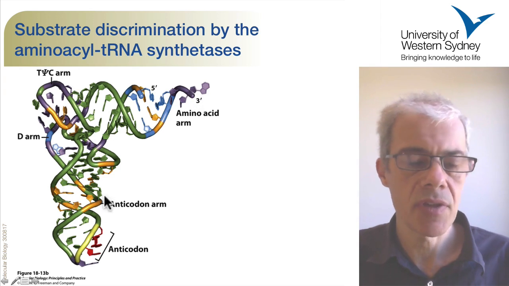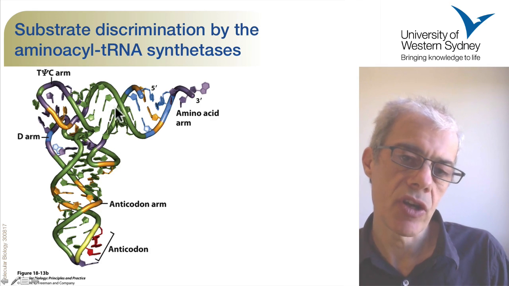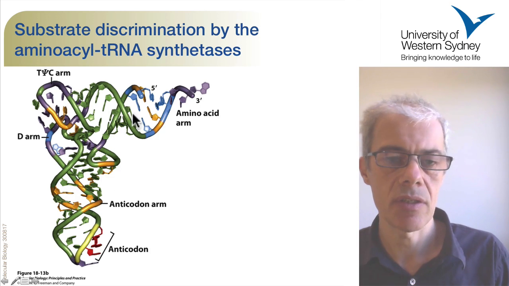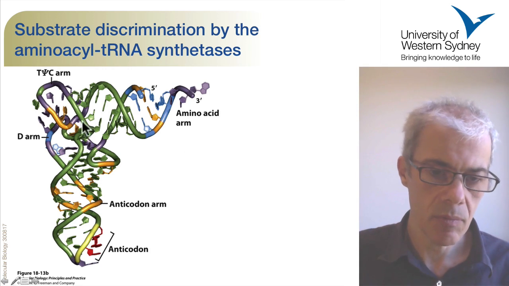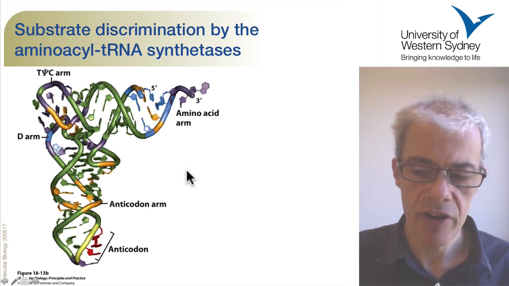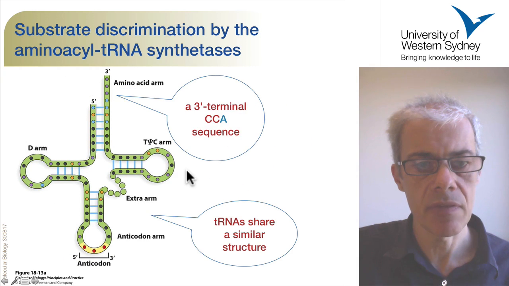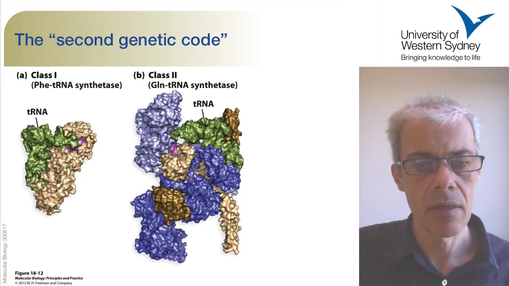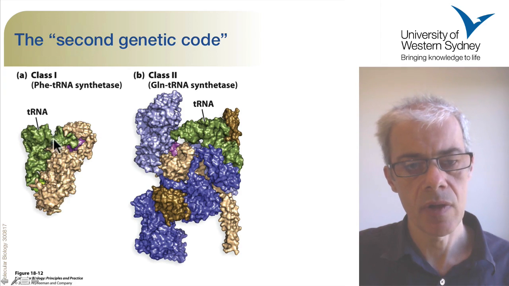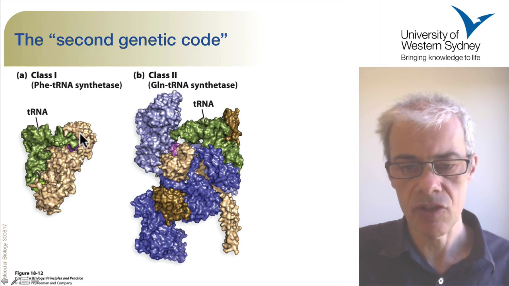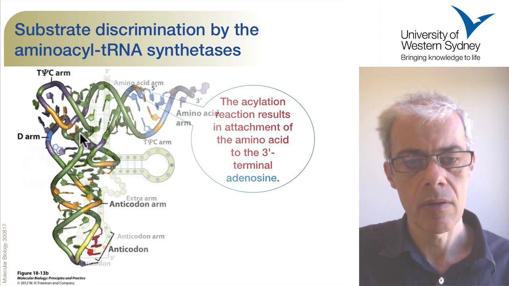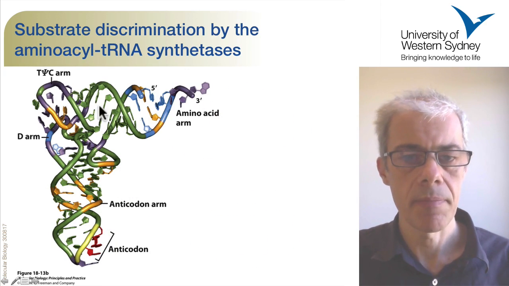And those other arms of the cloverleaf structure form this 3D structure here. And then this angled structure here is actually the transfer RNA as a 3D structure shown here.